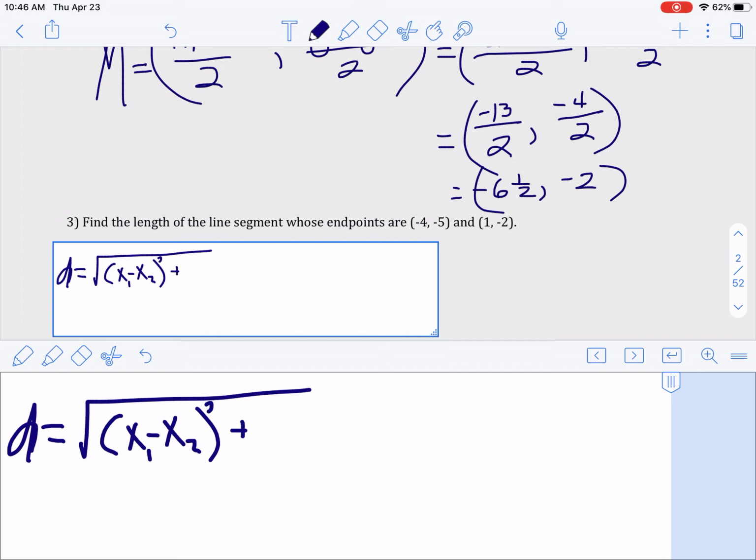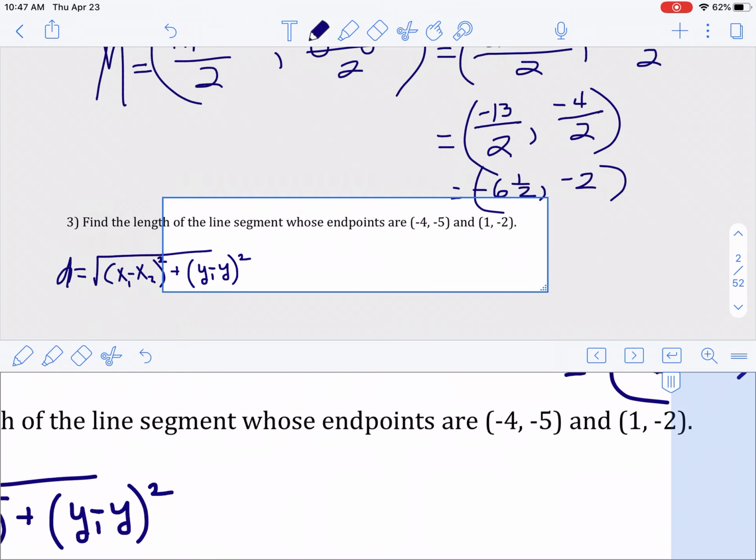squared, plus the difference of the y's squared, okay? So we take a look at our x1, y1 and x2, y2, right?